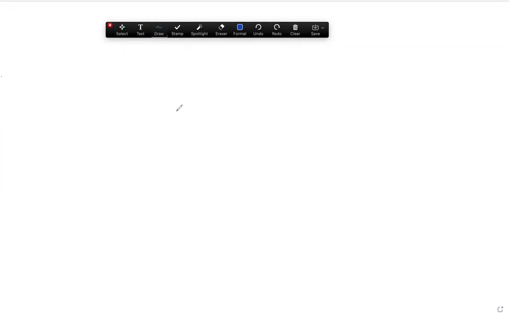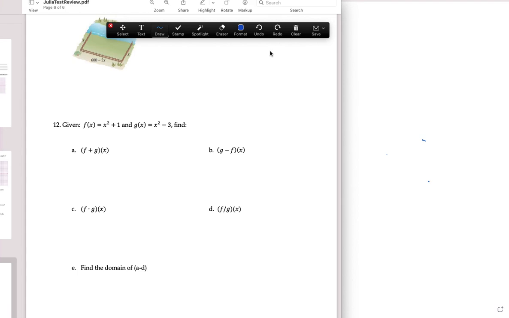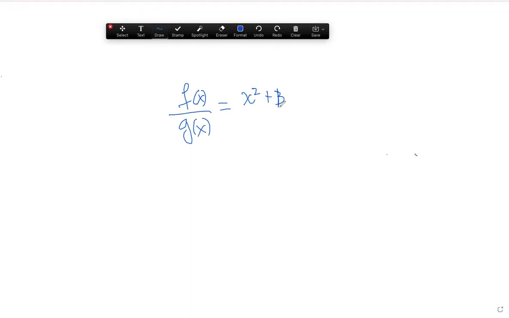F over g is the same as writing f of x over g of x. F is on top, so it's x squared plus 1 over x squared minus 3.